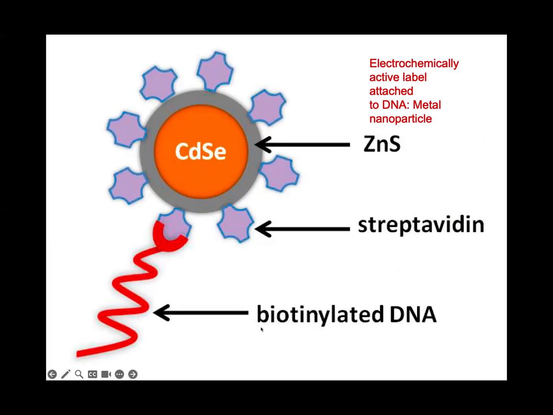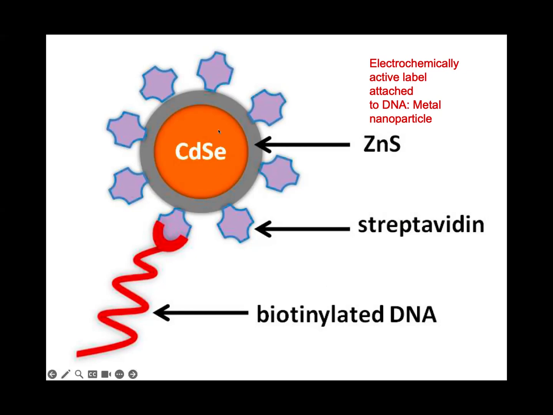So we have to use a certain linker, for example, biotin. I forgot about it. I haven't shown you the streptavidin biotin interaction before. So this is the interaction of biotin, biotinylated DNA, and streptavidin attached to metal nanoparticle. So you can see that biotin and streptavidin have a perfect match. It's an established chemistry.